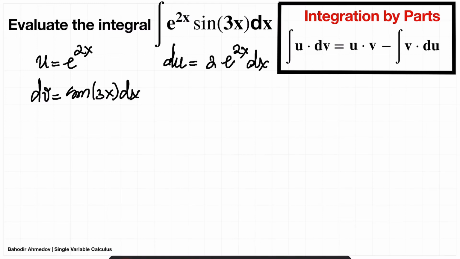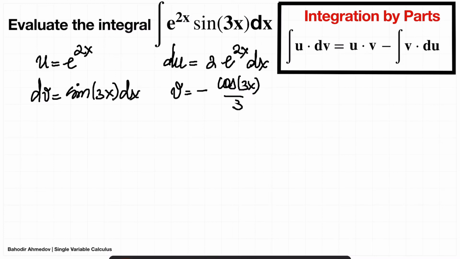According to the chain rule, you have to take the derivative of the 2x separately. And then v is going to be the antiderivative of sine of 3x. I think you're experienced enough now to find it, which is going to be minus cosine of 3x over 3.